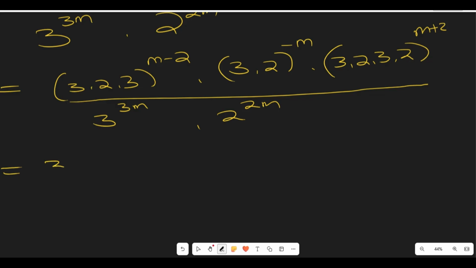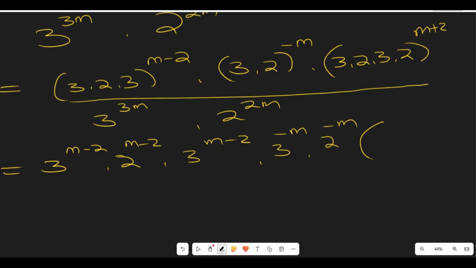So for now, to conserve space, 2 to the power m minus 2, and then 3 to the power m minus 2, and then 3 to the power negative m, and 2 to the power negative m.